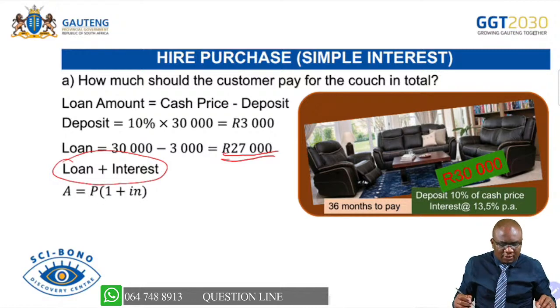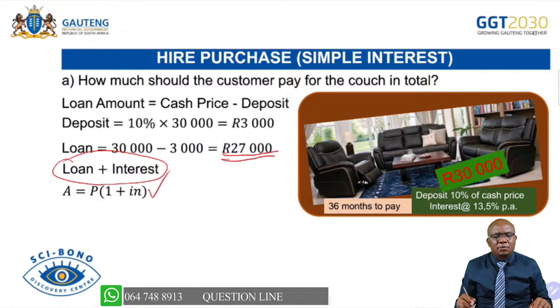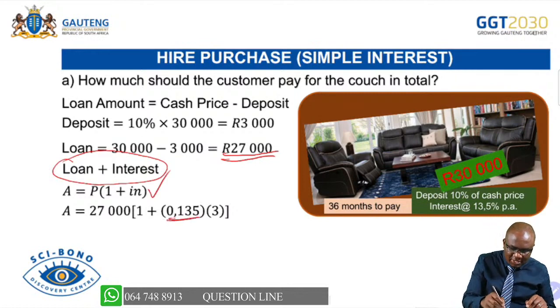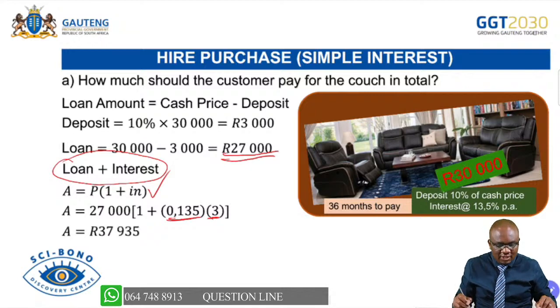Right now, hire purchase, simple interest. P is 27,000, not 30,000. 13.5%, 0.135. Do you see the 36 months, which is 3 years? Put in the calculator. Our A is 37,935.